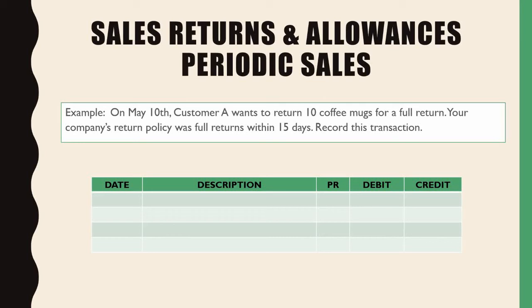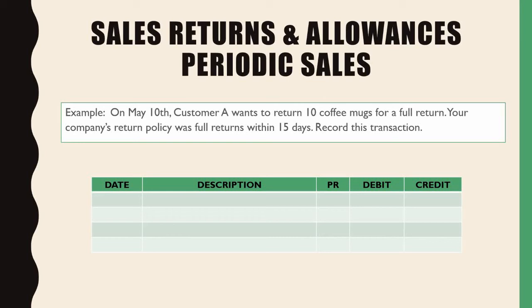Okay, if they return 10 mugs at $5 each, they'll get back $50 plus what they paid in taxes. So go ahead and calculate that. So, the date, then the description. Is that a return or allowance, or do you just put returns and allowances?